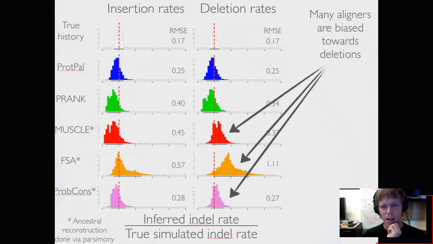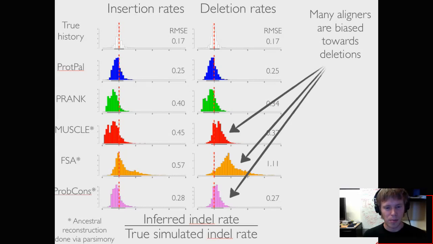First, it seems like nothing really gets as close to the truth as using the true simulated history, which is obvious, because if you have the true ancestral reconstruction, of course you're going to be able to reconstruct insertion rates and deletion rates very accurately.